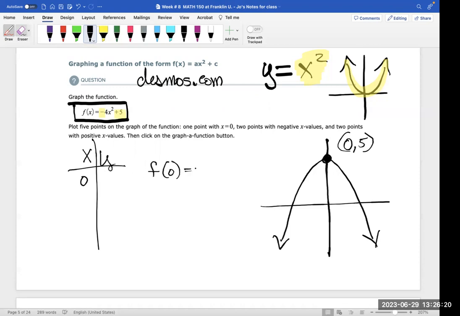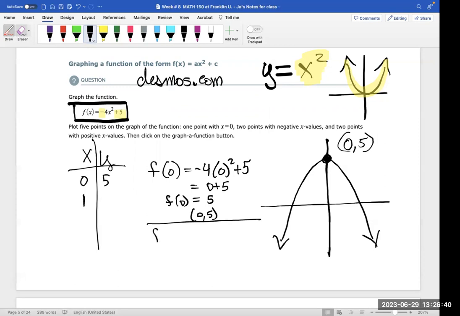then f of 0 is going to be -4 times 0 squared plus 5. 0 plus 5 is 5. So my f of 0 is 5. That means the point 0, 5 is on my graph.